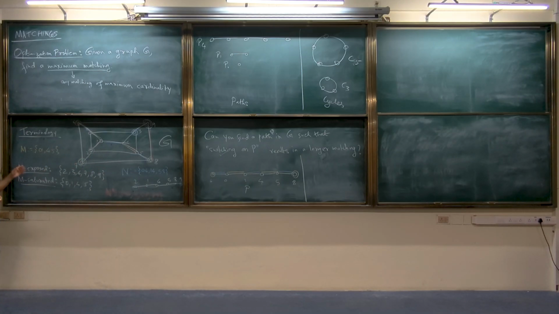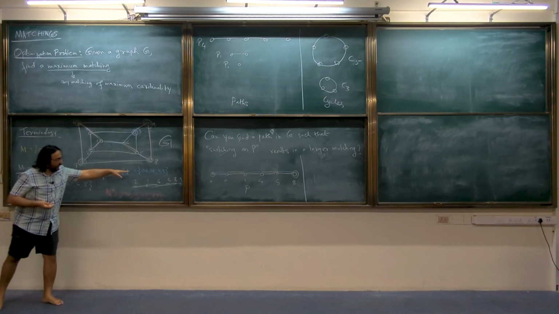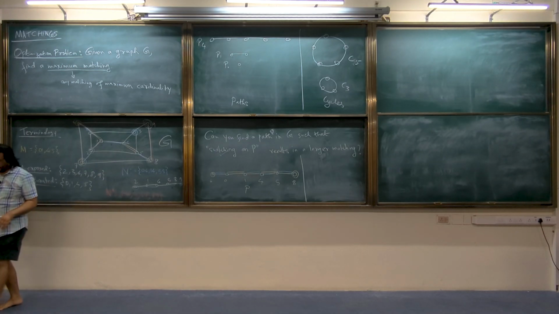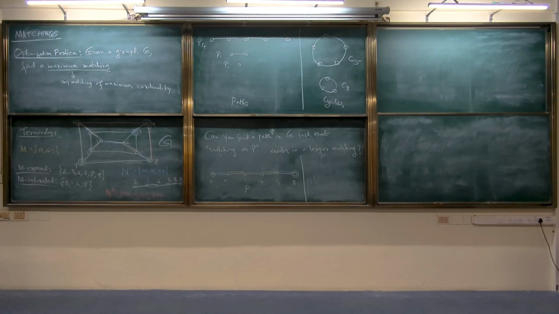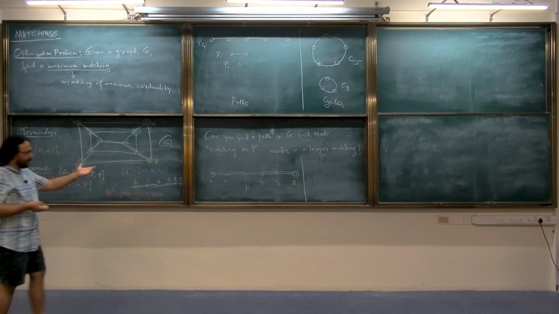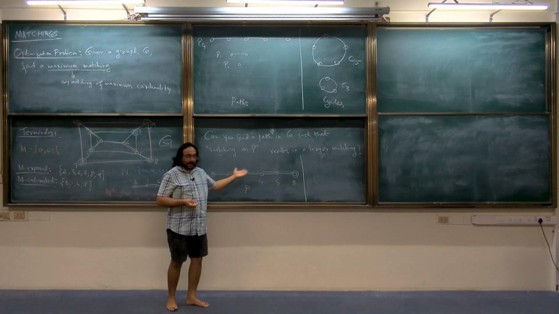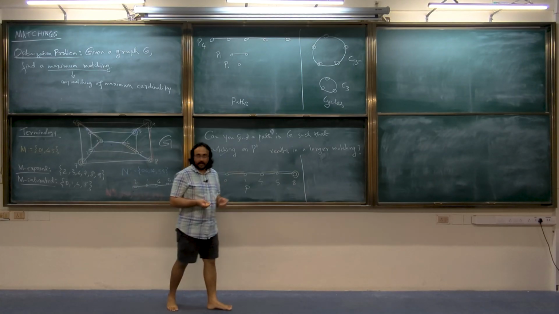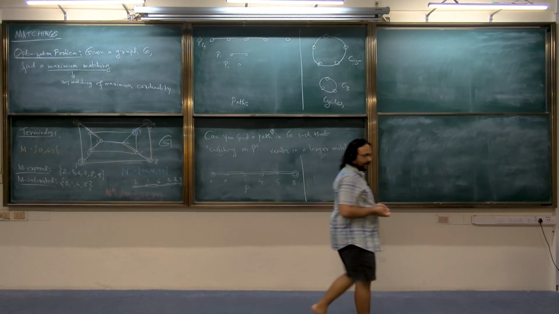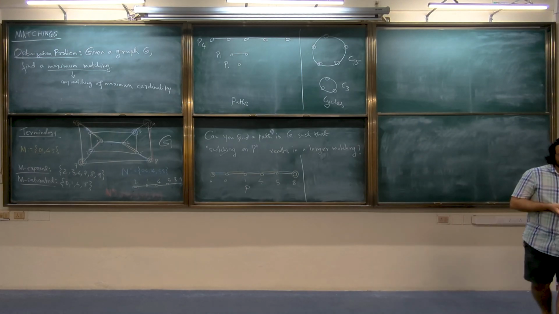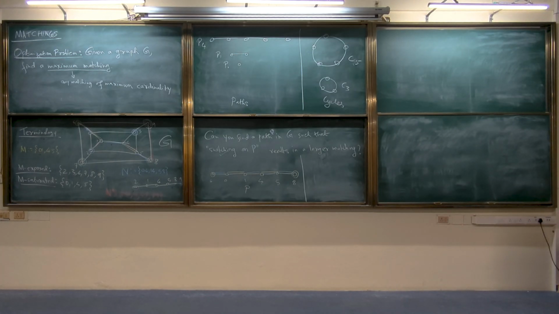Yeah, we started with the matching of cardinality 2, we got to 3, we got to 4. So in general, if you see a path like this, which we haven't really defined, then you can switch and get a bigger matching. Yeah? Okay, so let's define it.